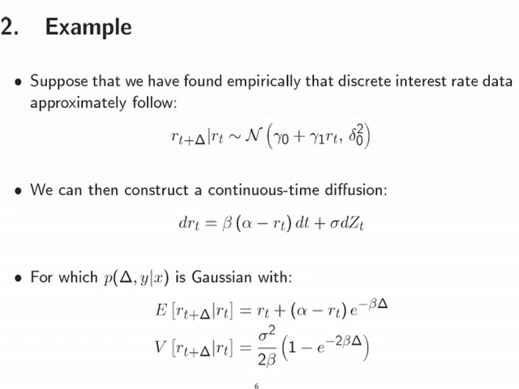So suppose that you have interest rate data, and what you find is that the conditional distribution of your interest rate change is normally distributed with a mean that is a constant plus another constant times the starting level, and a variance which is constant. It's not necessarily a great descriptive model for the data, but it's a possible thing.